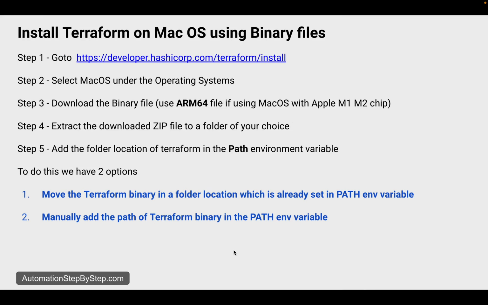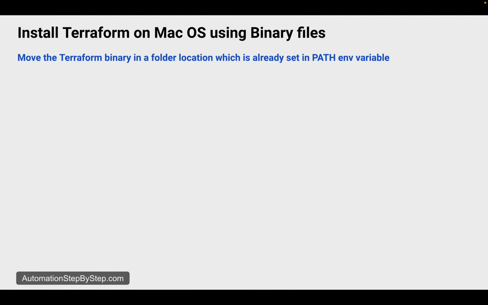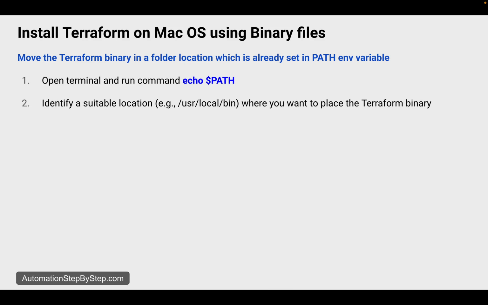The other option is we can manually add the path of our Terraform binary file to the path environment variable. So for this, if we have to set the location of our folder to the path environment variable, let us see the steps.